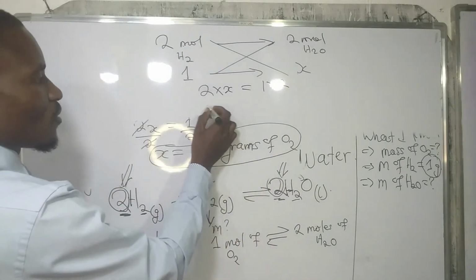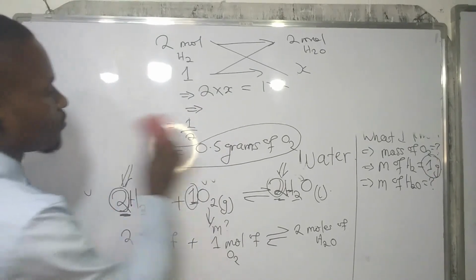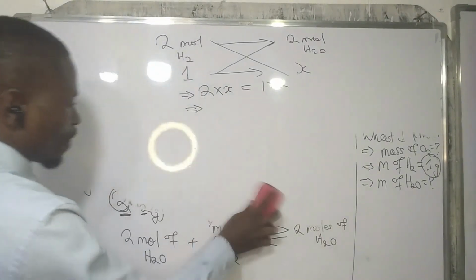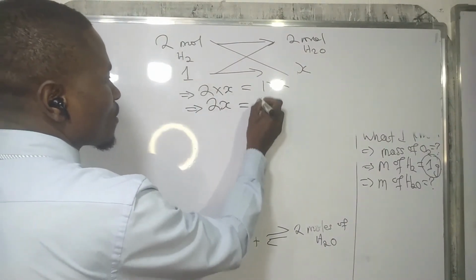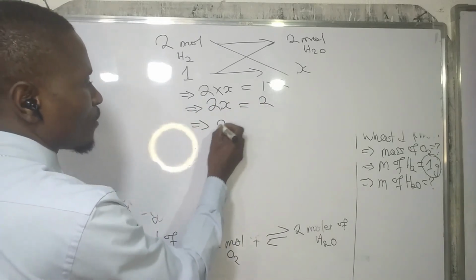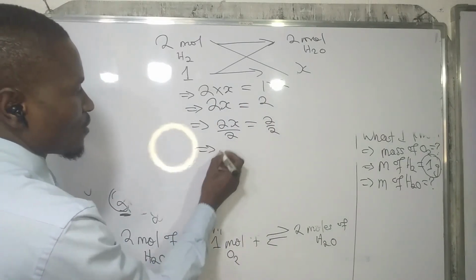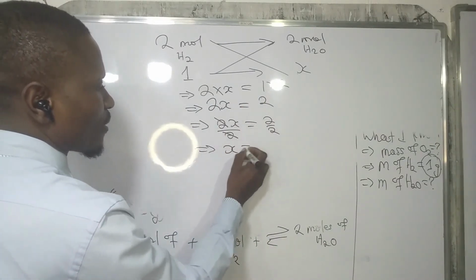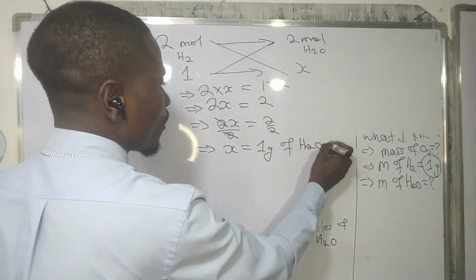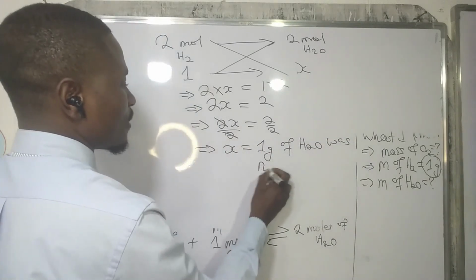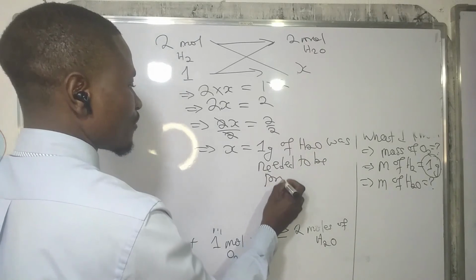So 2x equals 2. Meaning you divide both sides by 2, so x equals 1 gram of H2O needed to be produced.